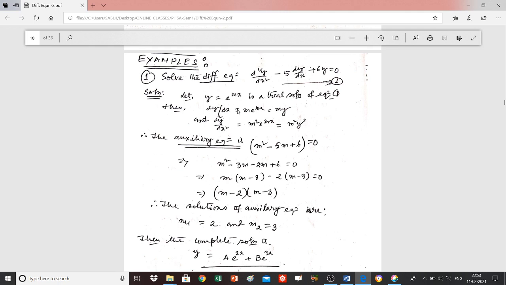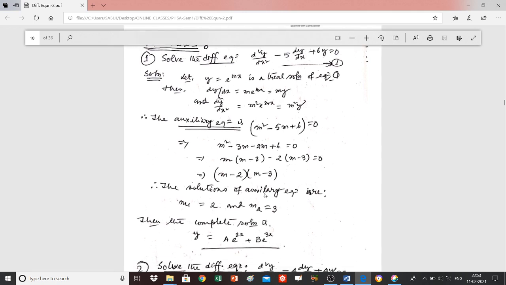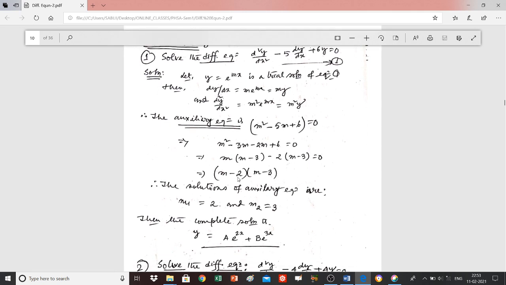Substitute the values of d2y by dx square and dy by dx in this equation. The auxiliary equation would be m square minus 5m plus 6 equal to 0. Just factorize it: m minus 2 into m minus 3 is equal to 0. From here you can write m1 is equal to 2 and m2 is equal to 3.